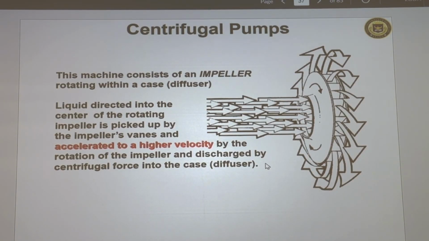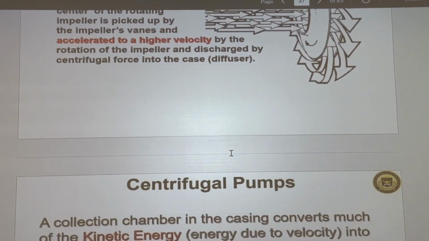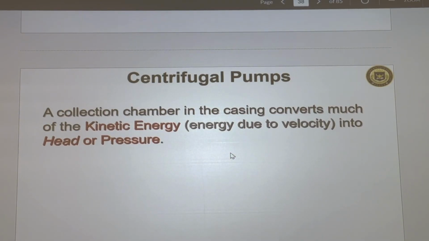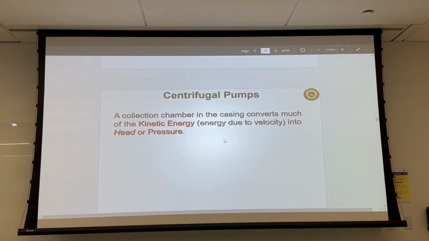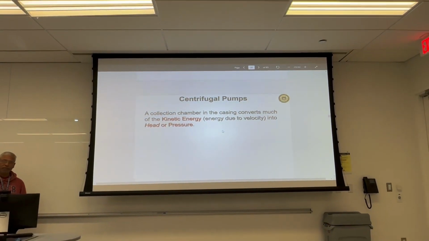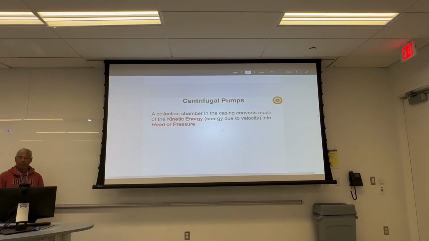The diffuser is what I talked about, the volute. The volute is where the fluid is collected, and then it exits through the outlet. The centrifugal pump's collection chamber in the casing converts much of the kinetic energy due to velocity into pressure head.